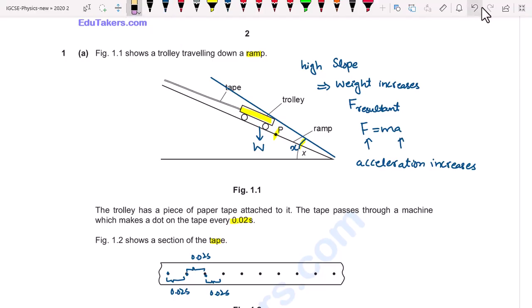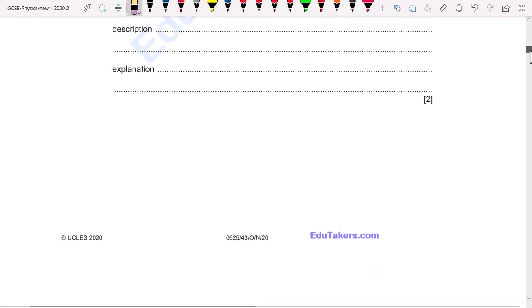So I write here: trolley accelerates. And why does the trolley accelerate? Because a resultant force is acting on the trolley.